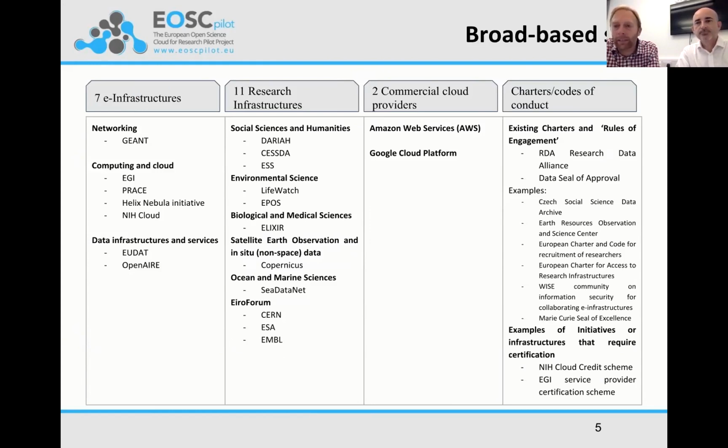We then looked at several of the domain-specific research infrastructures across different disciplines and domains. We also spoke to AWS and Google Cloud Platform as well, and then some of the more community-driven initiatives, which will have their own charters and rules around how they operate, things like the RDA and the Data Seal of Approval.